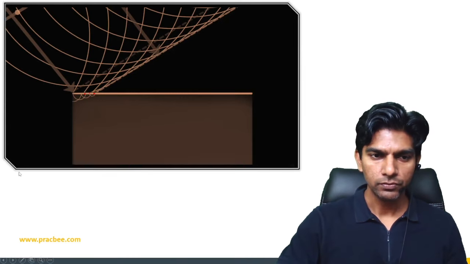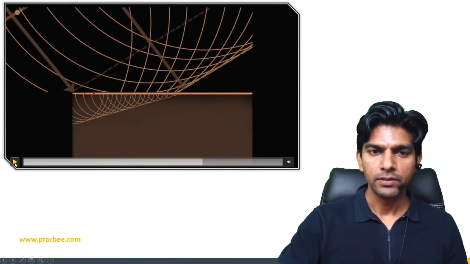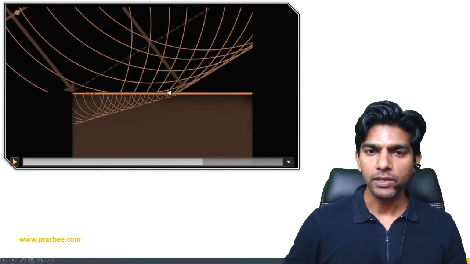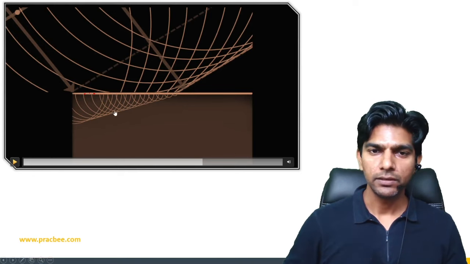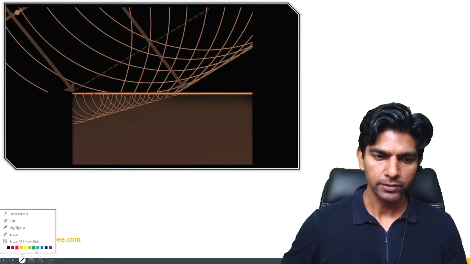And these secondary sources will generate secondary wavelets, and which will travel with a new speed because now the medium has changed. So let me again show you. So we can say, if I draw a tangent plane to this, it will be the refracted wavefront. So let me just show you the derivation for that.